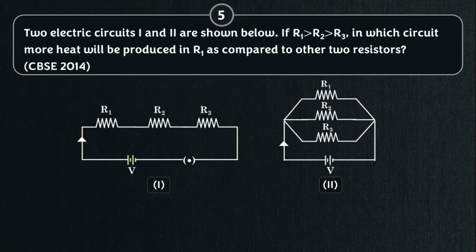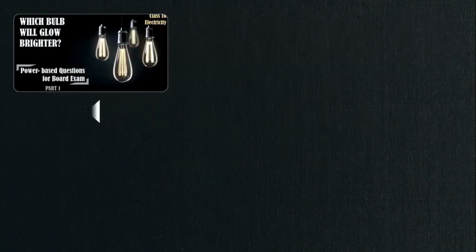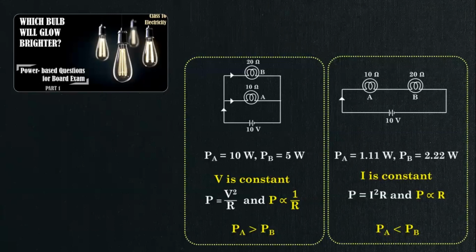Before solving this question, let's do a recap of the previous video, that is part 1. We have seen this conclusion. If two resistors are connected in parallel, the voltage across each one is constant. So, the power is inversely proportional to resistance of the bulb.